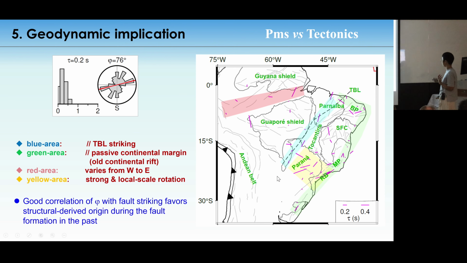So the good correlation of phi with this fault striking favors a structurally derived origin of this kind of deformation. So this may be formed during the fault formation in the past, as I think, or we may say that they are frozen from the past.